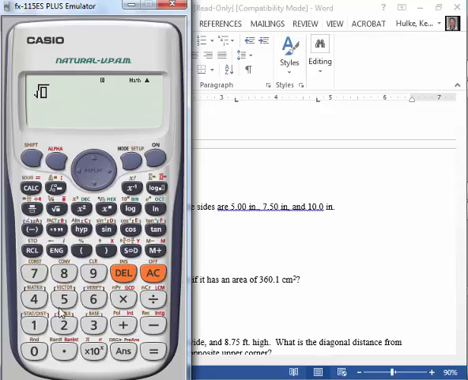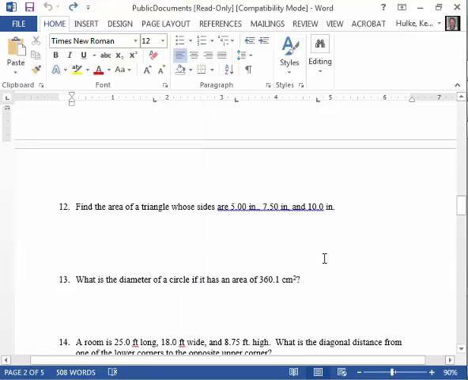So we're going to have the square root of 11.25 times 11.25 minus 5 times 11.25 minus 7.5 times 11.25 minus 10. And we get 18.14.